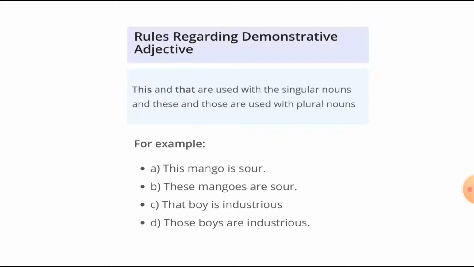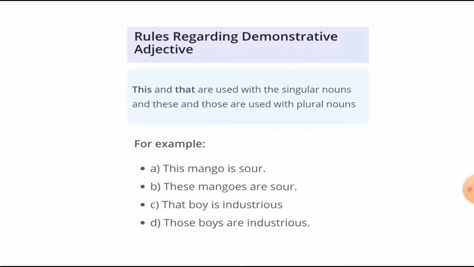This and that are used with the singular noun, and these and those are used with plural noun. For example, this mango is sour. These mangoes are sour. That boy is industrious. Those boys are industrious.